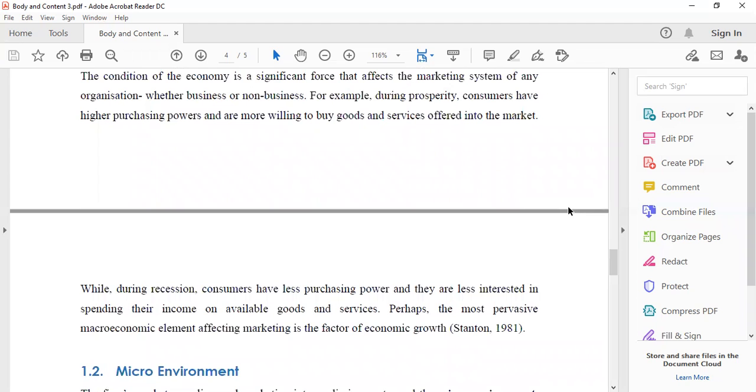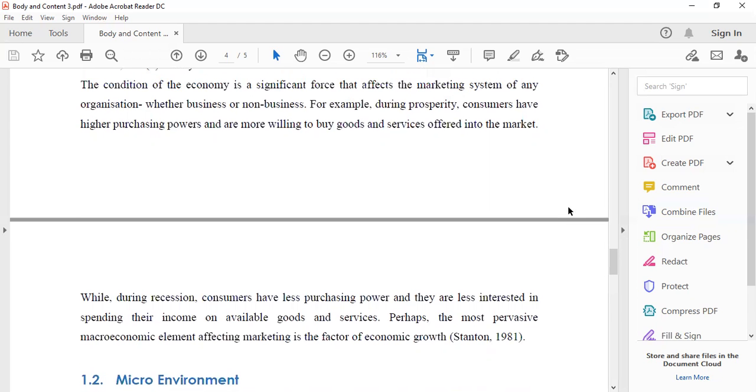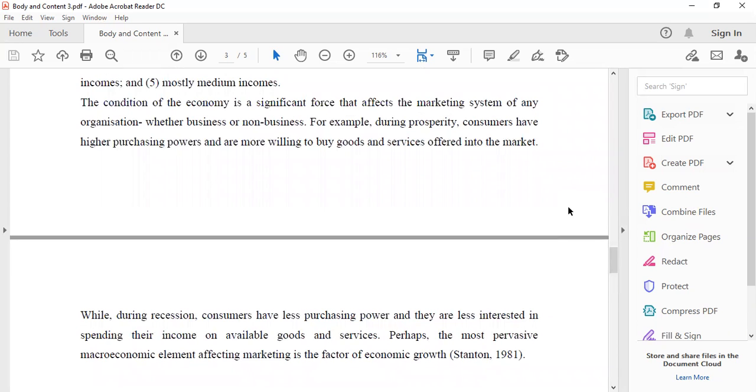In times of prosperity and recession, maybe a marketer could decide to present different products to suit these different positions. In times of prosperity, people could afford luxury, but in times of recession, only necessities would thrive. So these are the macro elements of the marketing environment.